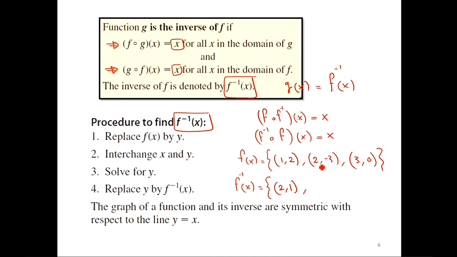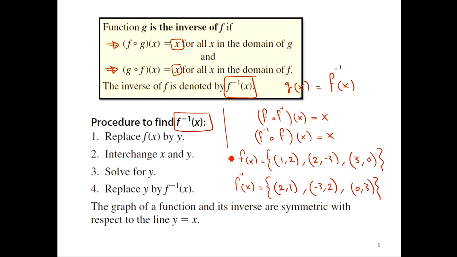If we have point 2, -3 in f of x, the inverse must be -3, 2. So swap between the x and y coordinates. Also, we have 3, 0, and the inverse equals 0, 3. Okay? This is the value of f inverse if we have f of x in ordered pairs.